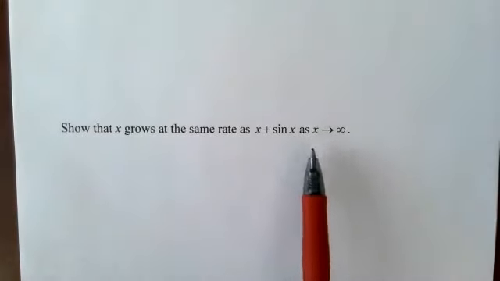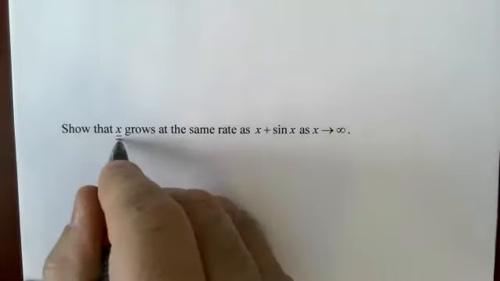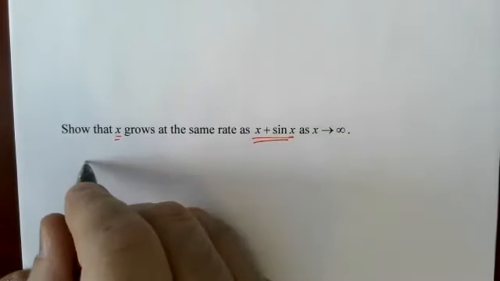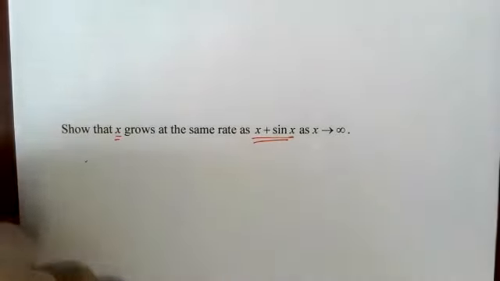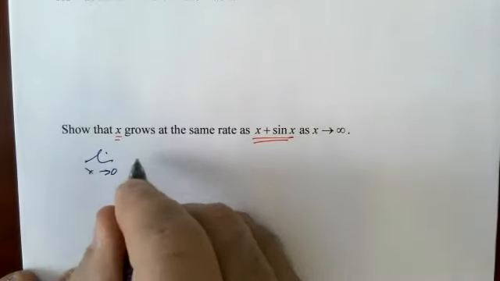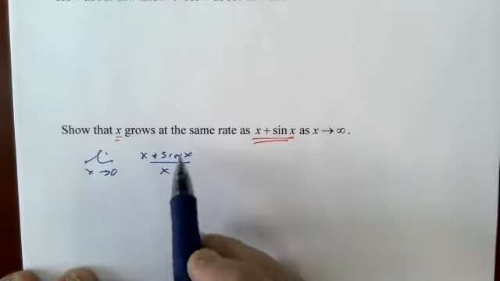So you've got x plus sine of x and x. Here's your two functions. All right, so again, we do a limit thing. All right, they're both going to infinity.